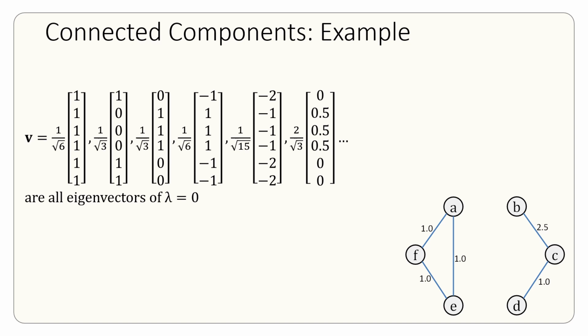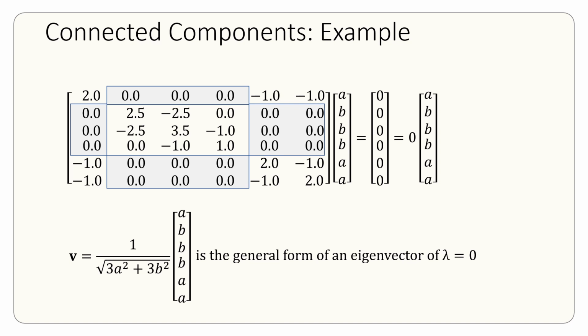In fact, we can make up any number of such eigenvectors for lambda equals 0. However, all these eigenvectors are not linearly independent. The general form of any eigenvector of lambda equals 0 is of this form, where A and B are two scalar quantities.